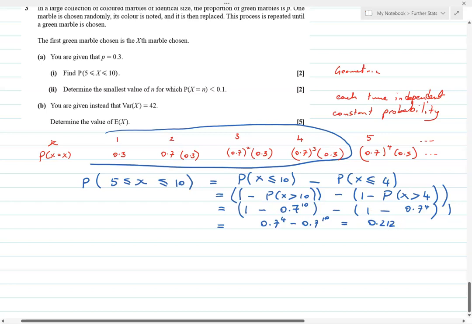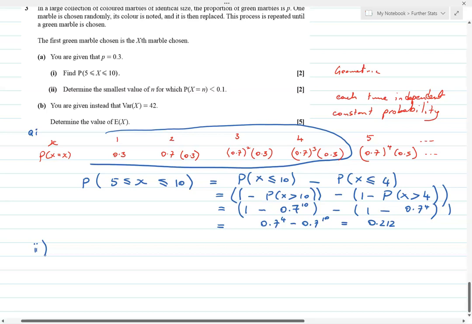Okay, so that's the first part, A1, done. Part A2: what we have now is, determine the smallest value of n for which the probability x equals n is less than 0.1.